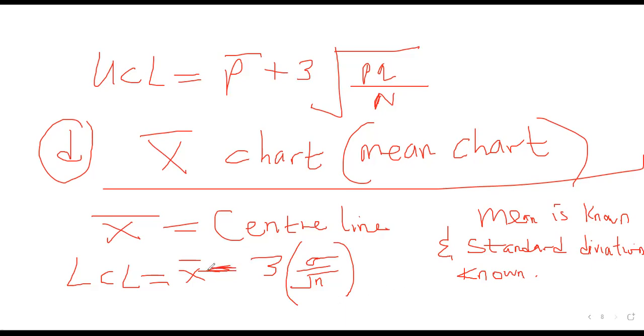It's given by this one. Then the upper control limit is equal to X bar plus 3 standard deviation over the square root of N.